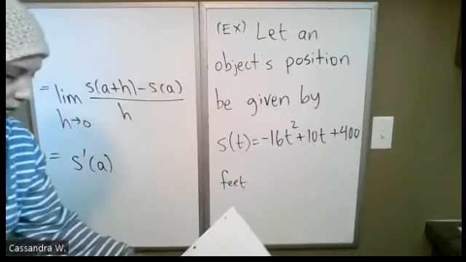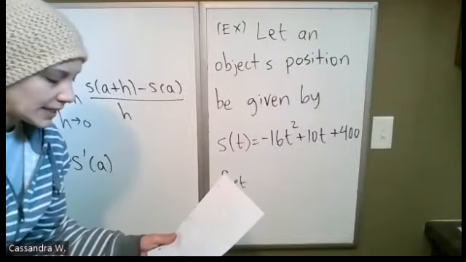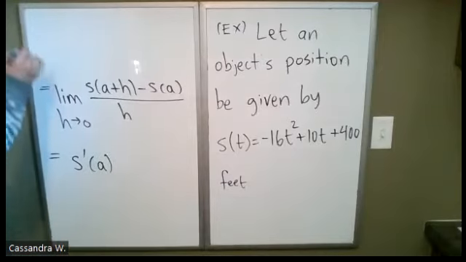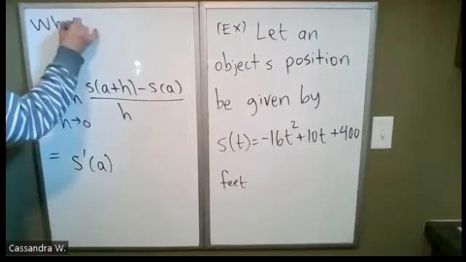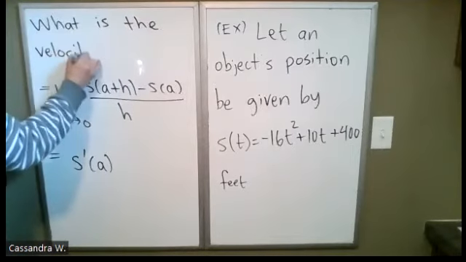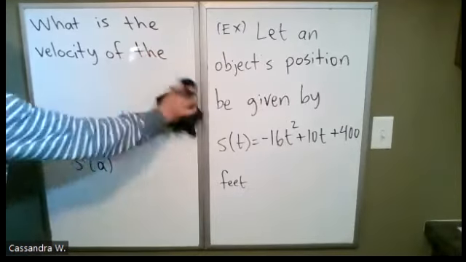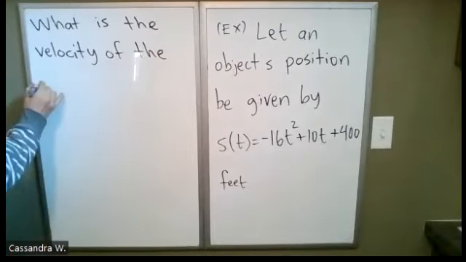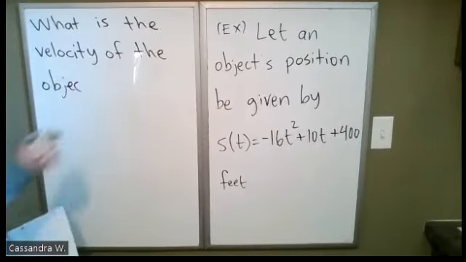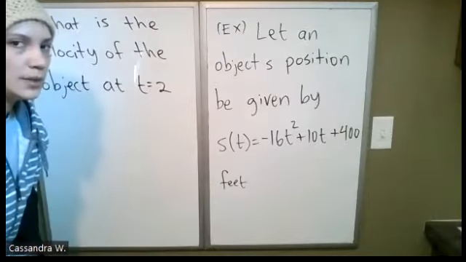Okay, we want to find the velocity, or it just says we're going to do what is the velocity of the object at t equals 2. Okay, and it's 2 seconds.